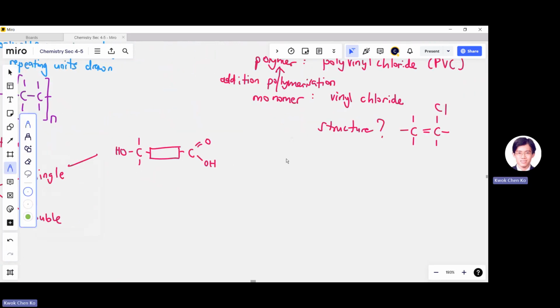This rectangle is a series of carbon, for example 1, 2, 3, 4. It can be something else, but usually it represents something like this. So follow suit: if they give a rectangle, draw a rectangle; if they give a triangle, follow suit as a triangle.